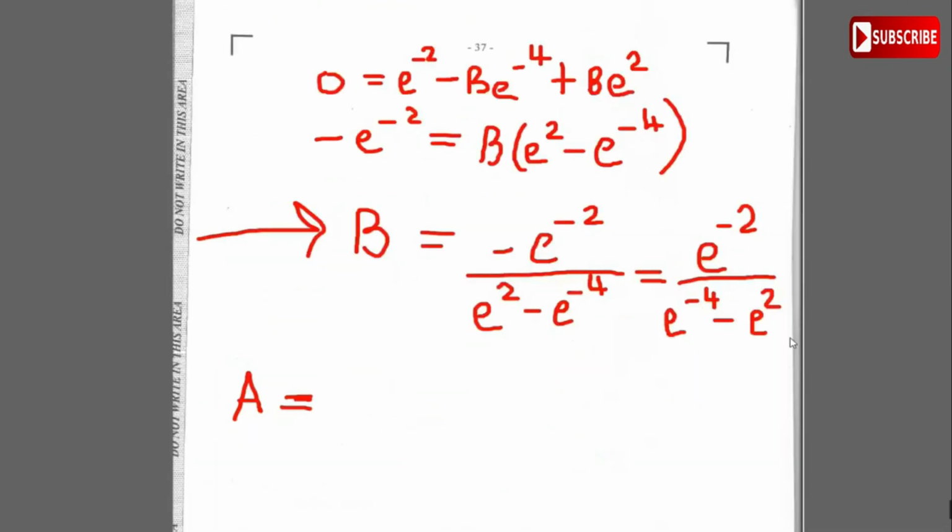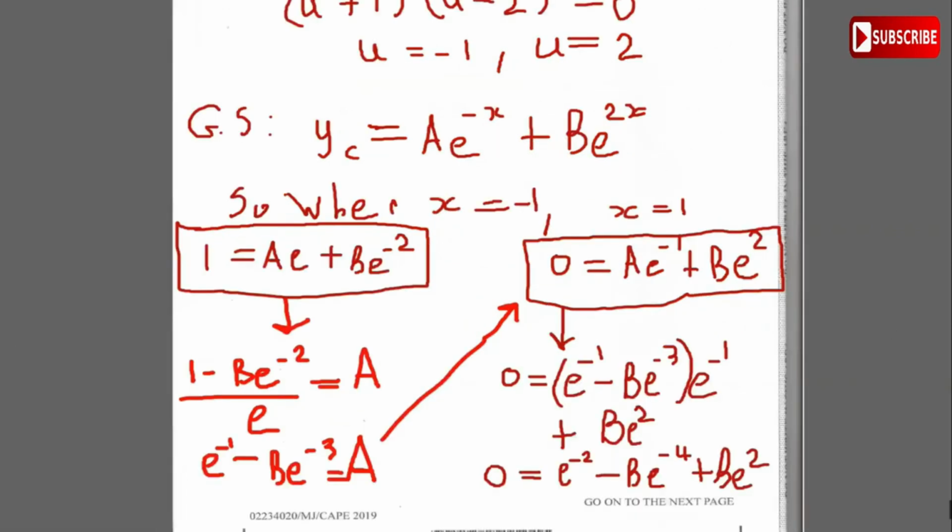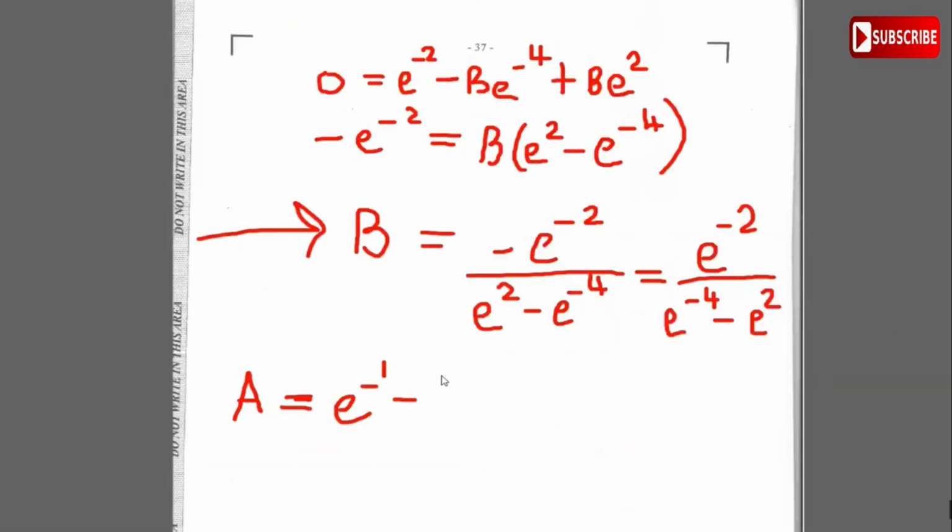So a was e to the minus 1 minus b e to the minus 3, which is minus, this is b now, e to the minus 2 over e to the minus 4 minus e squared times e to the minus 3, that is a.